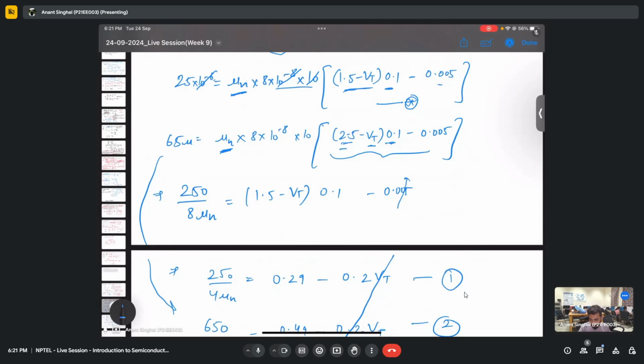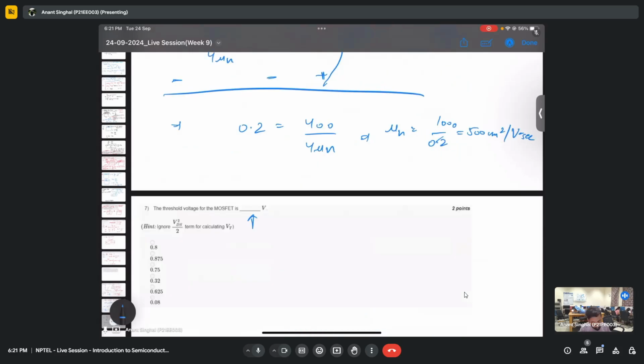Okay. So if we have calculated the mobility, the second part is we need to calculate the threshold voltage. And it is saying ignore the VDS square term. So can you do that? This is very easy now, I guess. We have everything. Do you want to try or shall I do it? We will do, sir. Okay, so maybe take 2 minutes because this is very easy now.